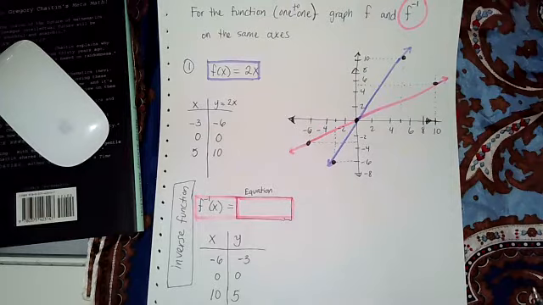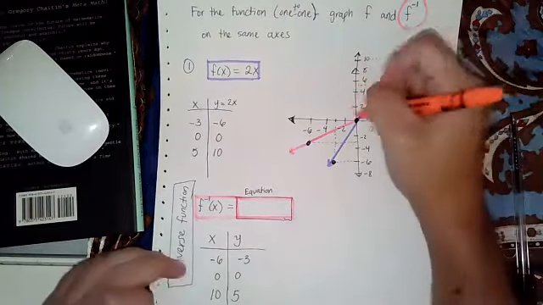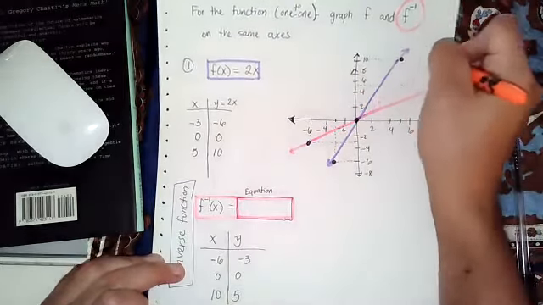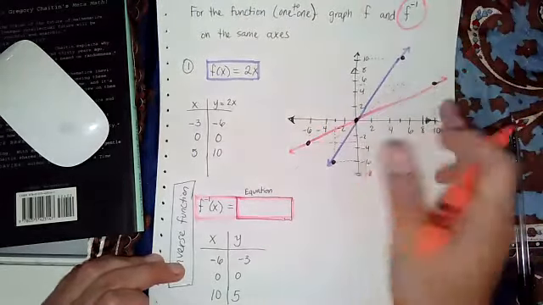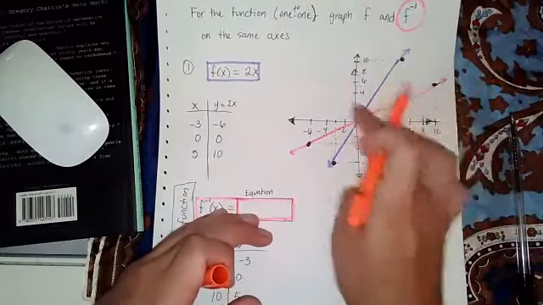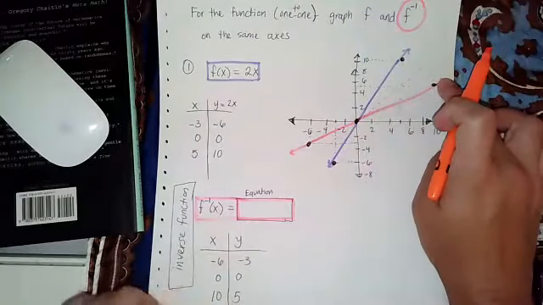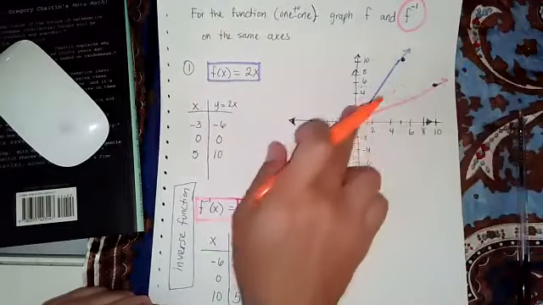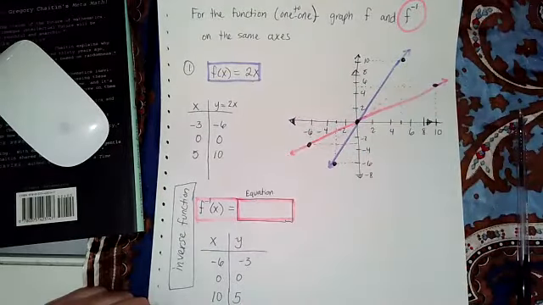Notice that these two functions, if I were to put like an imaginary diagonal line right through them, they're sort of a mirror image, right? If I just focus on the first quadrant here, it looks like this line, the inverse function, is a mirror image or a reflection across the diagonal line, and it maps right onto the original function, the purple line.